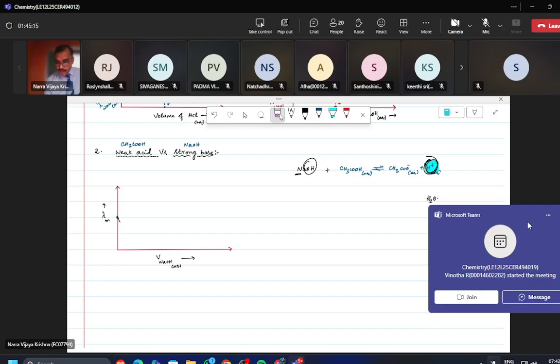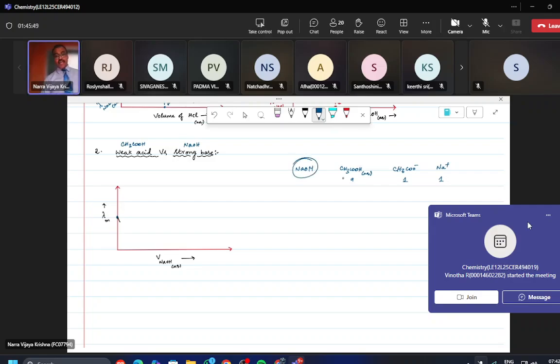After removing that free H plus, now there are no free H plus ions. Free H plus ions are not there, but acetic acid is there. CH3COO minus is there. Na plus is there. Correct? Assume this is 1, this is 1, this is 9 out of 10. Now I am adding another mole of NaOH from outside. Now what happens?